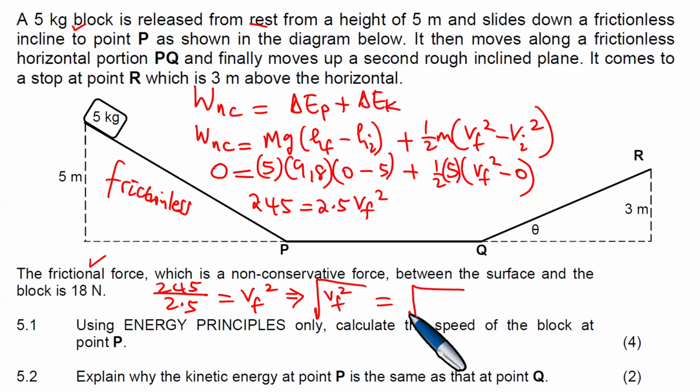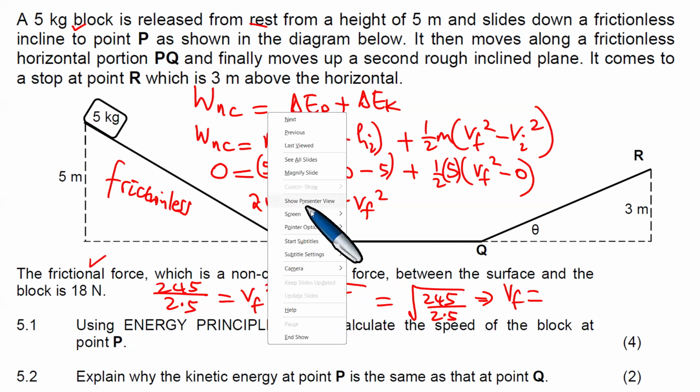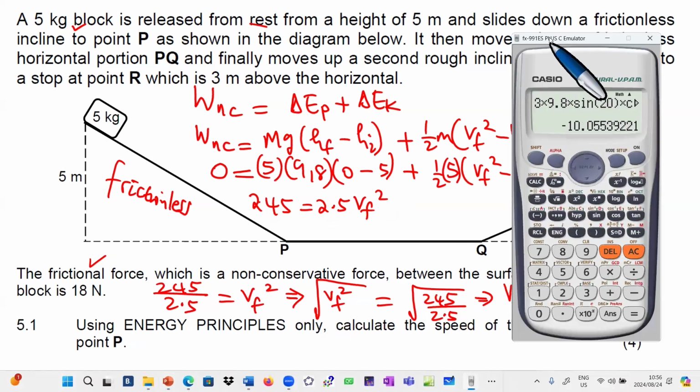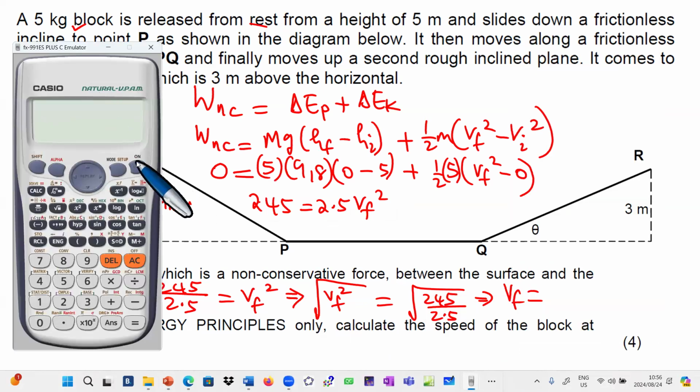You find the square root, so that VF equals the square root of 245 divided by 2.5.